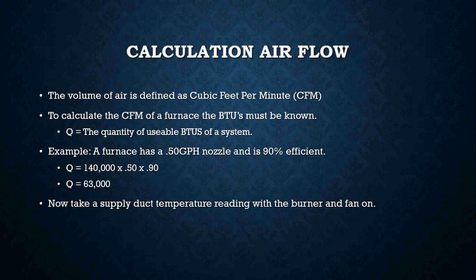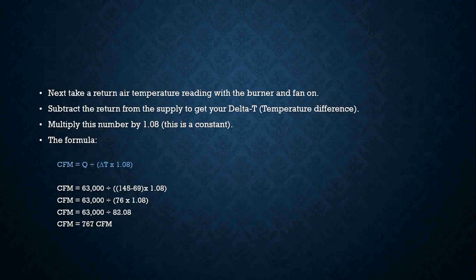Okay, we're going to take that temperature after the furnace has been running for probably a good 5-10 minutes with the burner and fans on. Then you are going to take another temperature reading at the return. Okay, you're going to take a reading at the supply and a reading at the return, both with the burner and fans on.